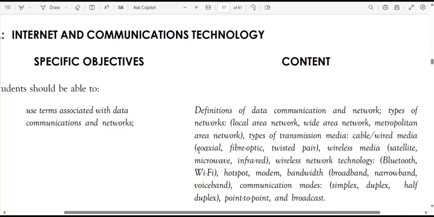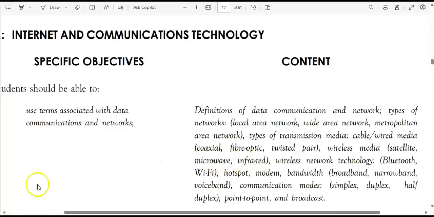All right, now we are going to look at what we mean by wireless media. If you're asked about wireless media on the paper, the types of wireless media are satellite, microwave, and infrared.